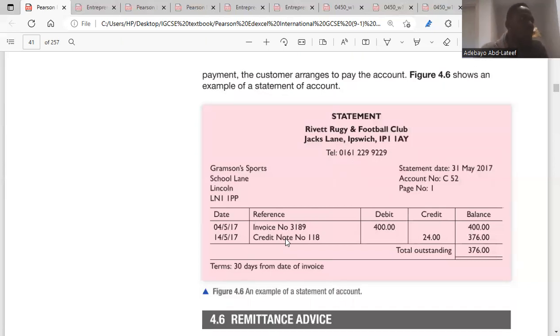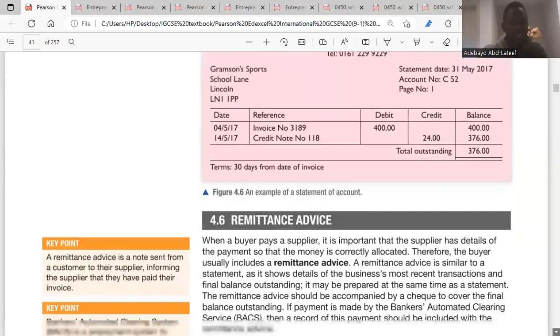The value of the credit note the supplier has issued back to you will be taken away from the total amount you are owing the supplier. Then you have the total outstanding that you have to pay. So in your statement of account, you're going to have the outstanding payment. That's 376. Is it clear? Yes.